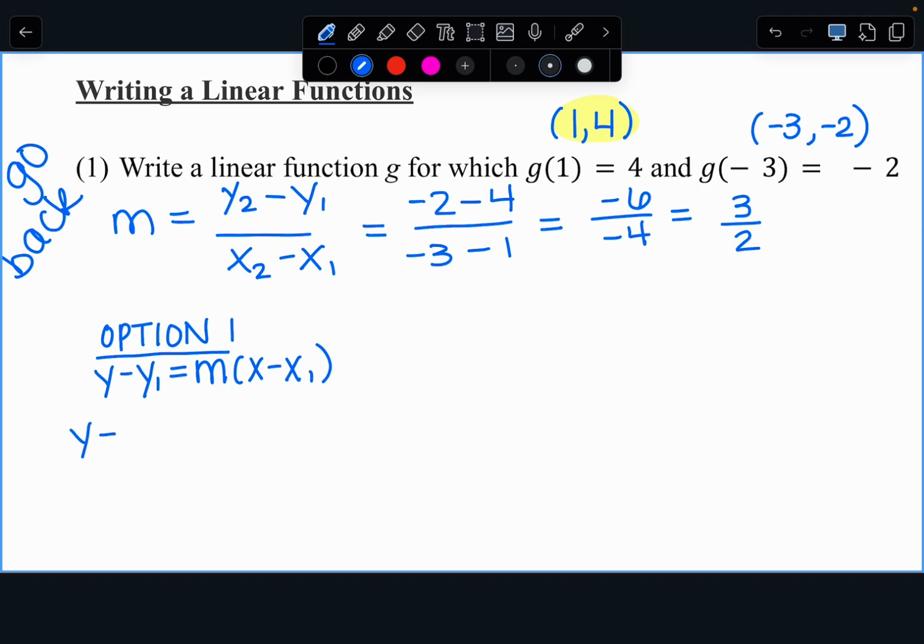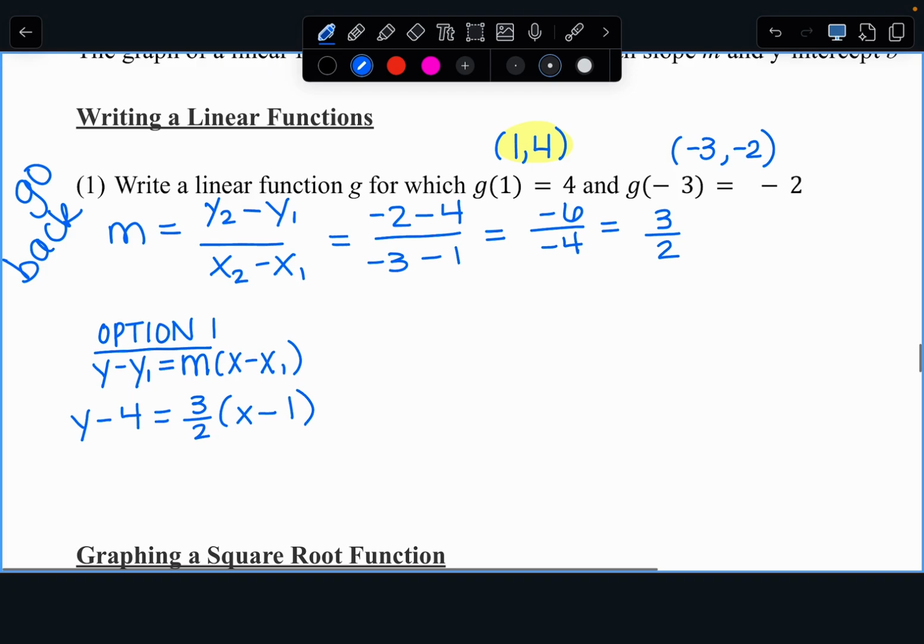So y minus our y value is equal to the slope we just found times x minus our x value. We can rearrange this by distributing the 3 halves first.